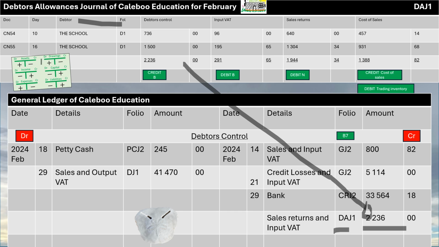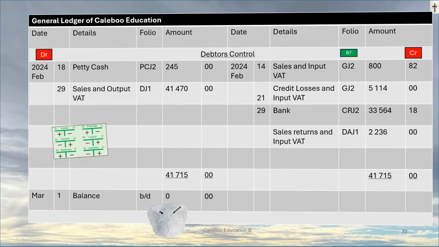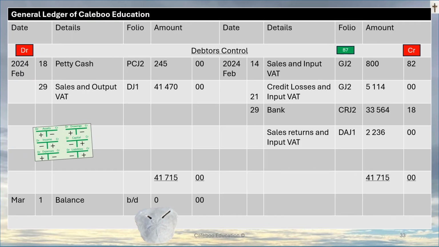If items are returned to us, the debtor owes less, and the debtor is an asset, and a decrease in assets gets credited. And there we go. This is the complete debtors control account.